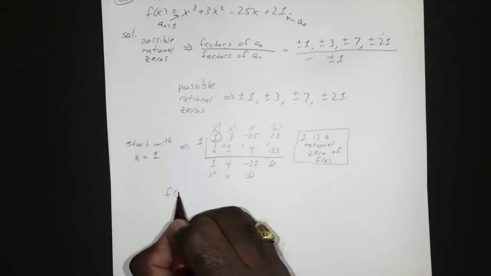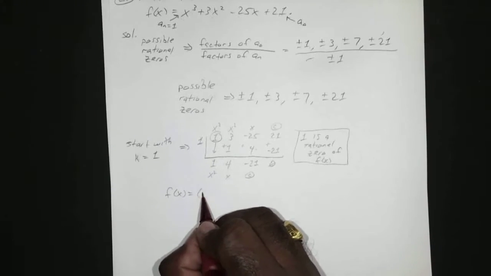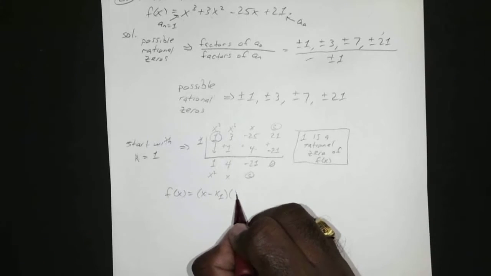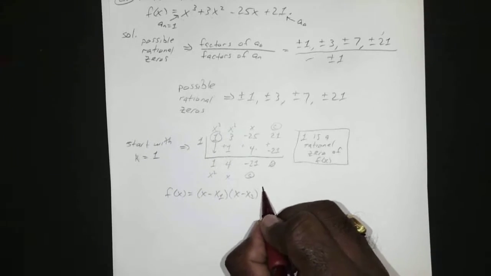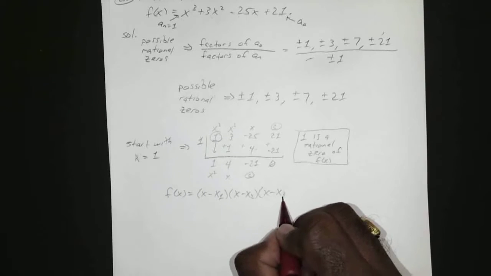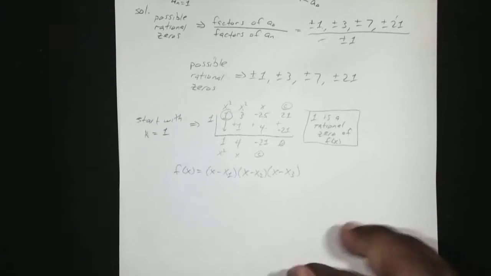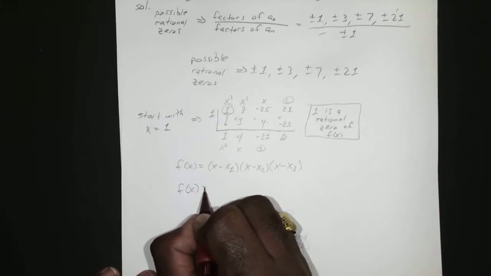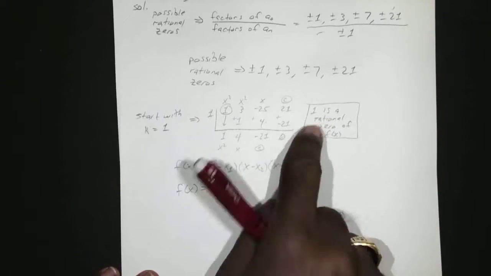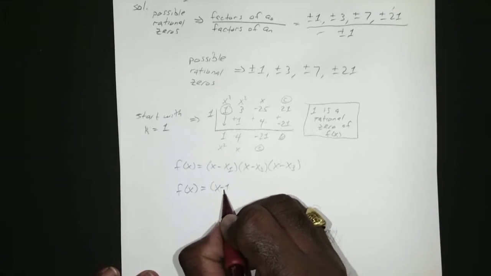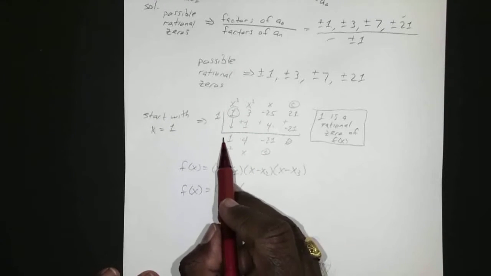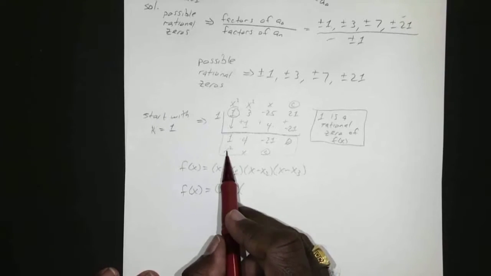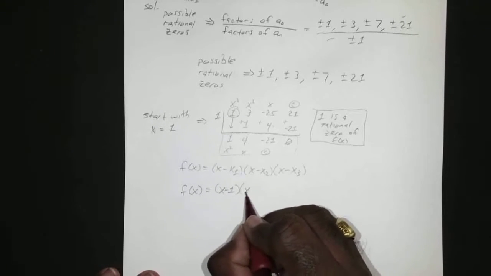So f of x is going to equal x minus, we'll call it x1, x minus x2, and x minus some unknown x3. We know one of them. So that means our f of x is going to equal x minus 1 times, now this goes to what we have to factor next, x squared plus 4x minus 21.